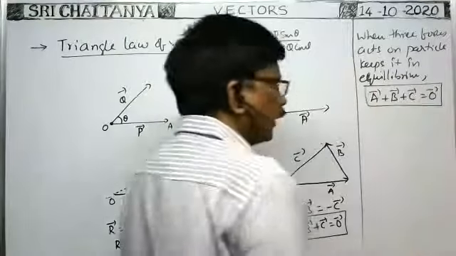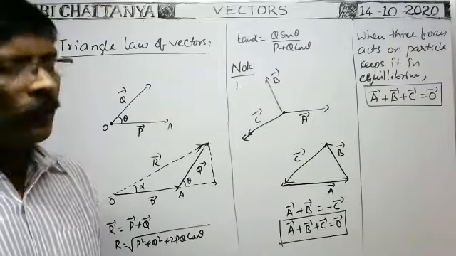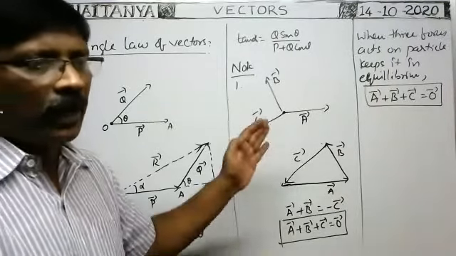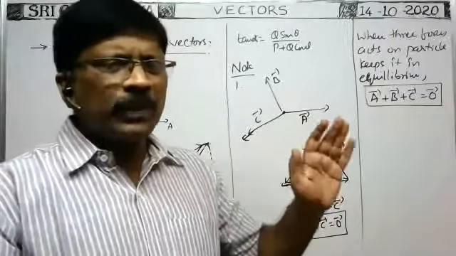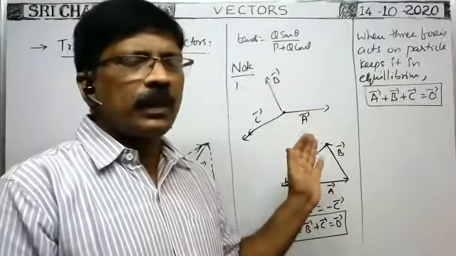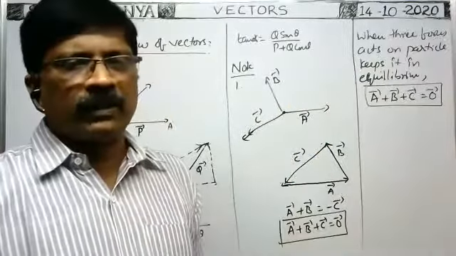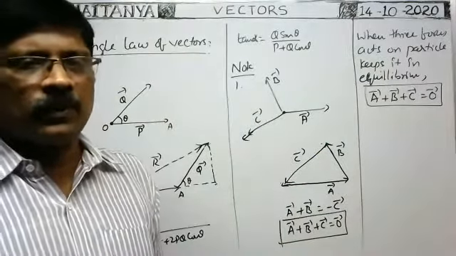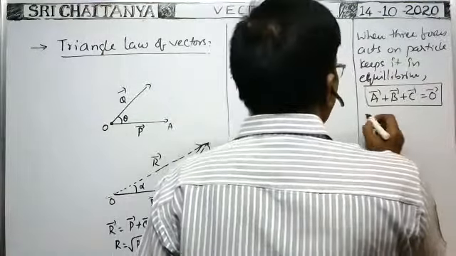It's a very, very important point. The vector sum of all the vectors is equal to 0 vector. This is the case whenever the particle is under equilibrium. Whatever the number of forces, any number of forces acting on a particle keeping it in equilibrium, the vector sum of all the vectors is equal to 0. Okay, next. One more example here.